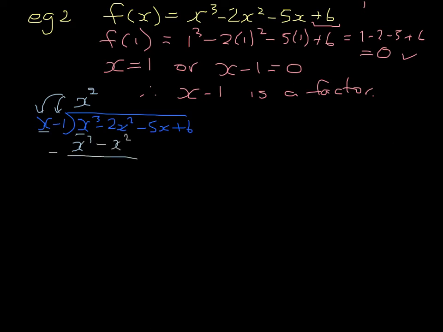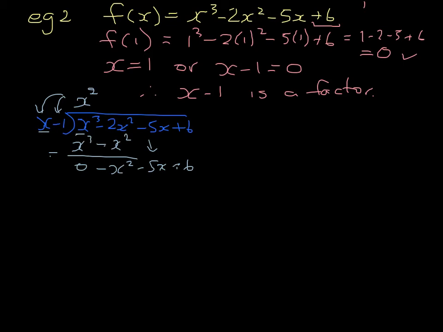And then we take that line away, so x cubed take x cubed is 0. Negative 2x squared take away x squared is the same as negative 2x squared plus x squared, because the take away and the negative makes a plus. So that will give us an answer of negative x squared. And then we bring down negative 5x and plus 6.